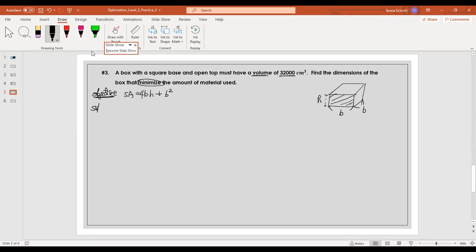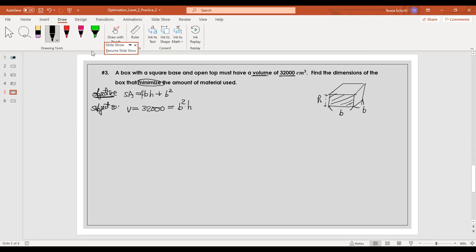And now this one, back to similar to the level 1 problem, we're going to have another condition. This condition is that the volume is 32,000. So what is the volume? It is base times height, so b squared times h.